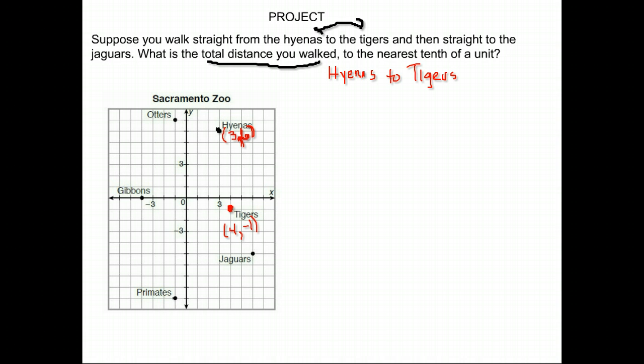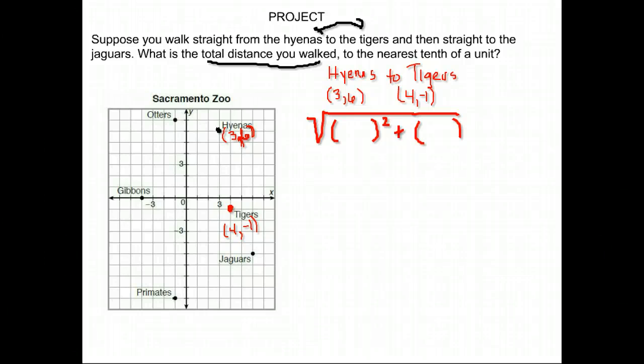That's using the distance formula. We're going to go from the point (3, 6) to the point (4, -1). Our distance formula is the square root of (x minus x) squared plus (y minus y) squared. So let's subtract the two x's, subtract the two y's, and simplify.